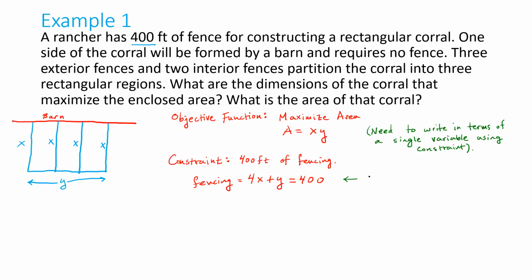So we can use this equation to substitute into the area equation. I need to replace y with something, so I'm going to solve for y here. Subtract the 4x.